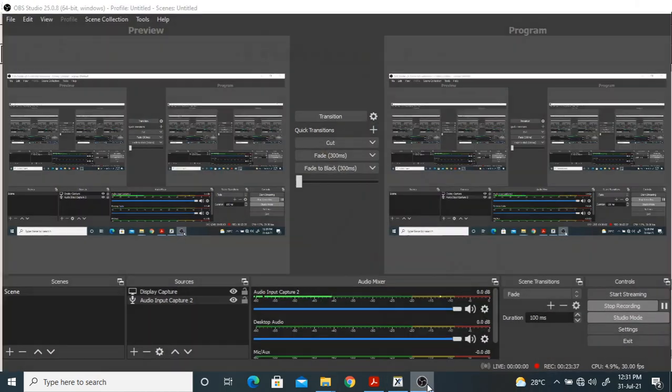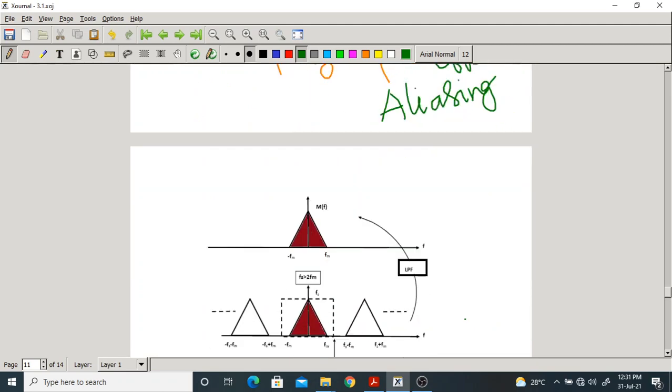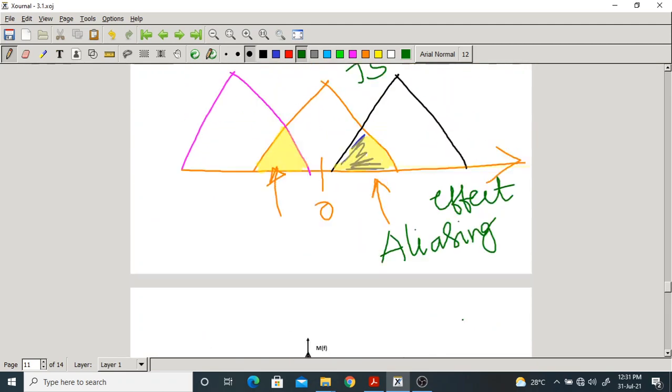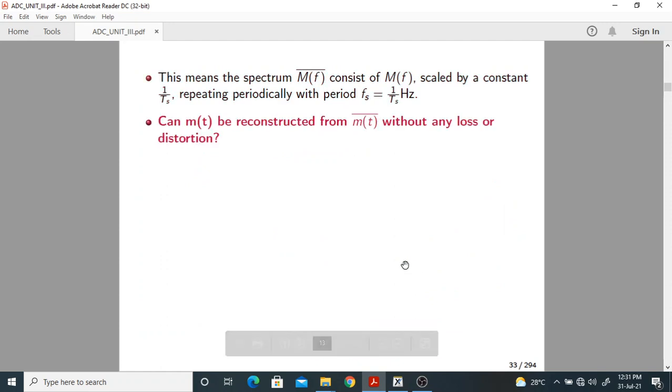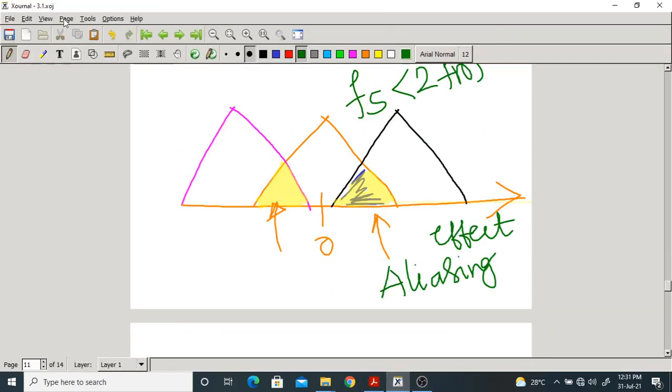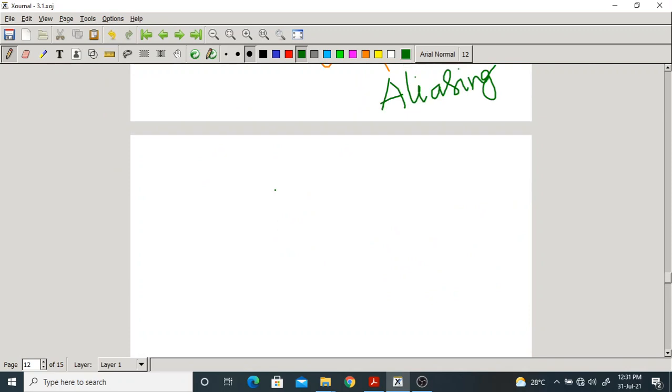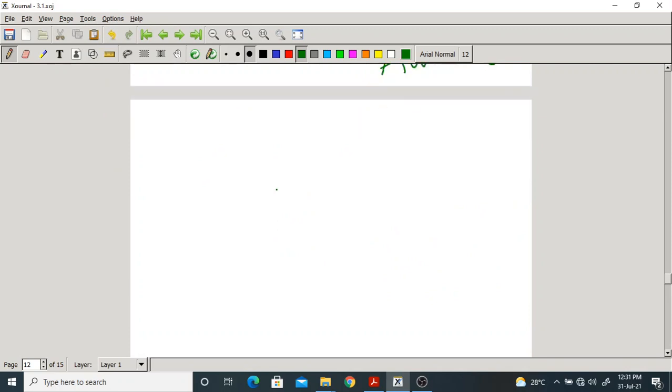Okay. Now, next. There is something called reconstruction. What does reconstruction mean? From the sampled signal, first of all, what is sampling?